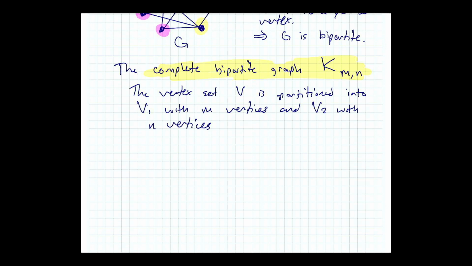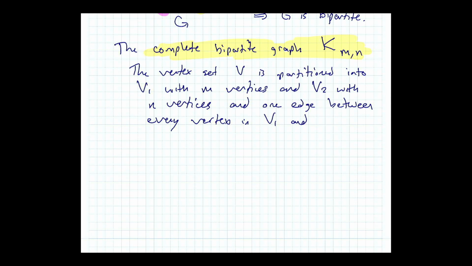And so the idea there is, right, that's what the M and N are. They're the size of the set of vertices. So M vertices in one, N vertices in the other, and edges, one edge between every vertex in V1 and each vertex in V2.